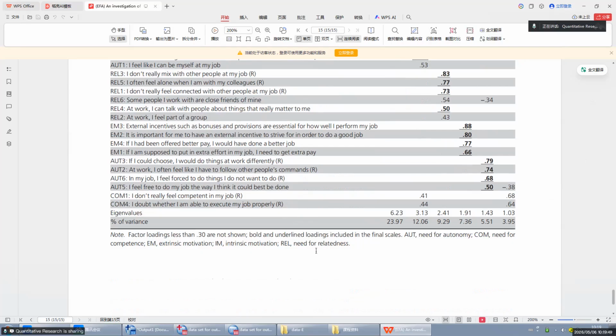No, no. There is a cross-loading, and the other one was removed, right? There is a cross-loading, but this one was kept. Not easy to answer.